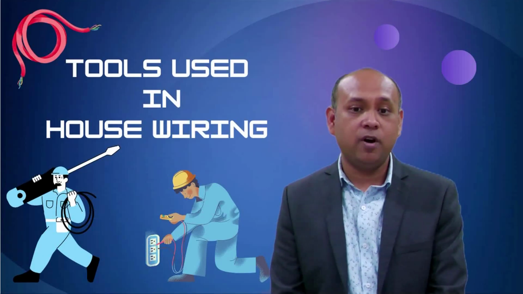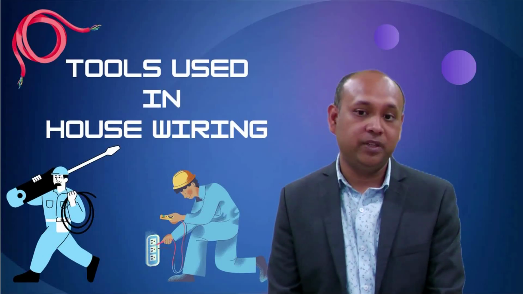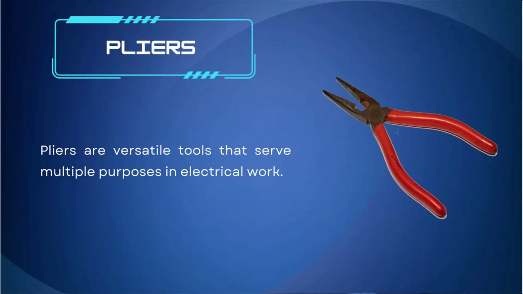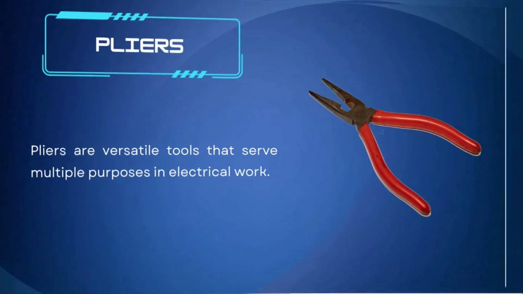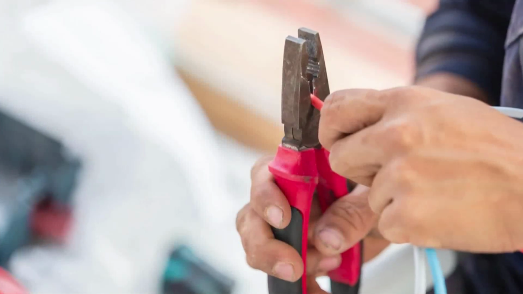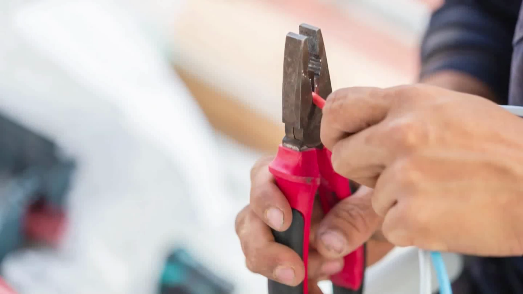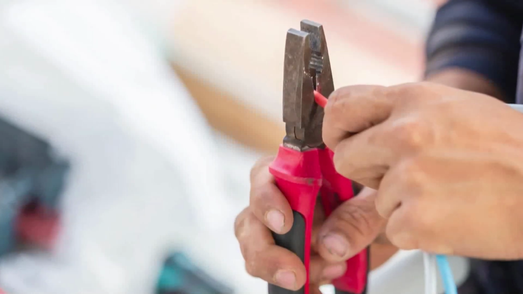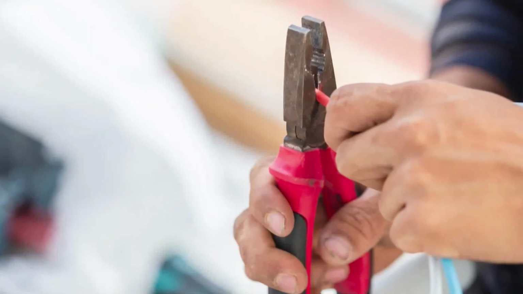Now, let's move on to another essential hand tool, that is pliers. Pliers are a versatile tool that serve multiple purposes in any electrical work. This includes gripping, twisting, and cutting wires. They allow electricians to manipulate wires safely and efficiently while ensuring firm connections.